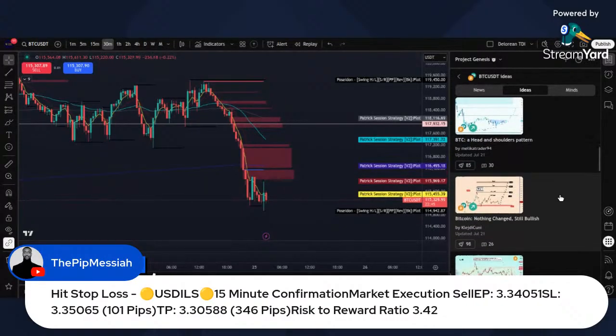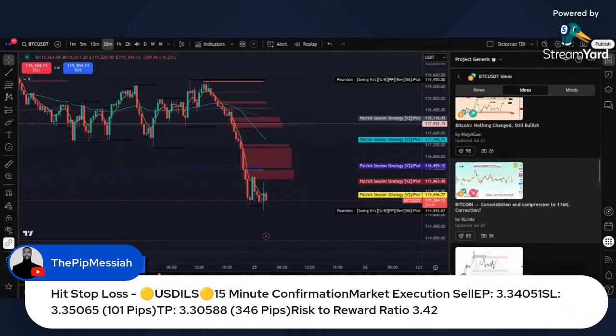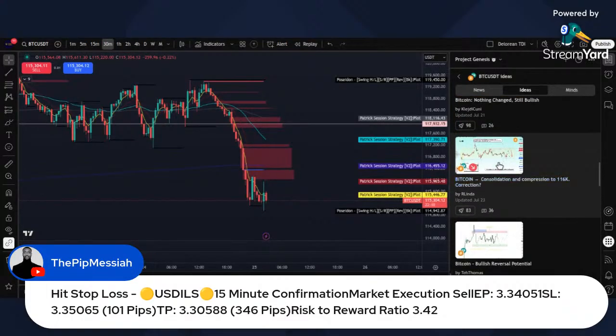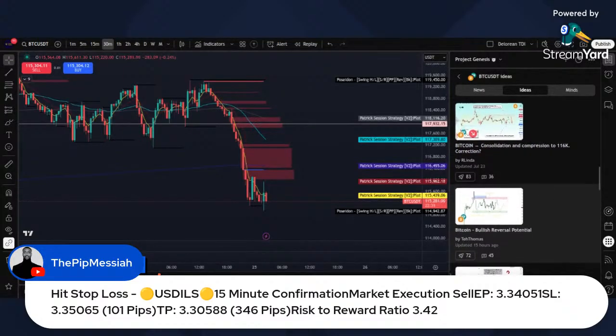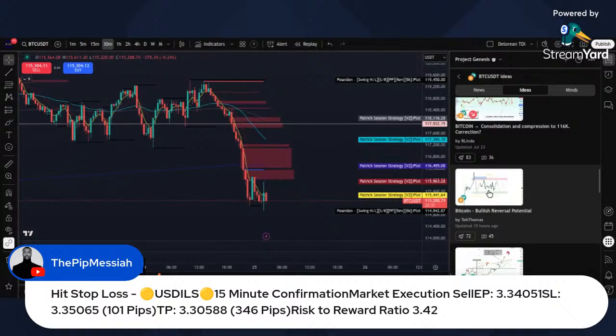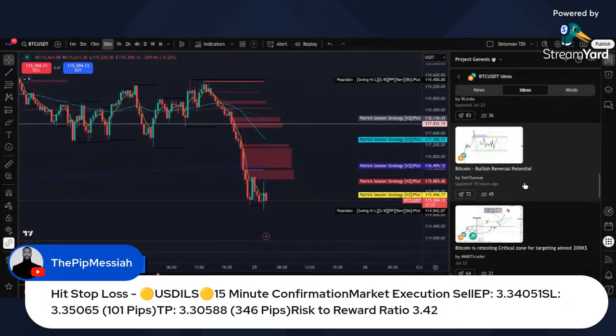This is hilarious. It's the first person I've seen so far think that this is a correction, and it is. Here's another one, but they're only calling it as a potential.